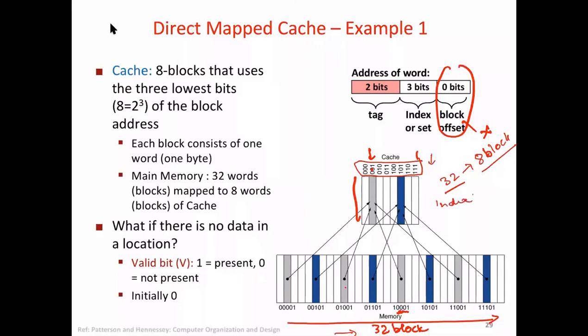Once you use the index bits, we'll know that one of these 4 blocks may be available. There's a possibility that one of the 4 is there, and to find out whether this exact block is there, for example if the memory makes a request for 01101, we split this as we have seen.